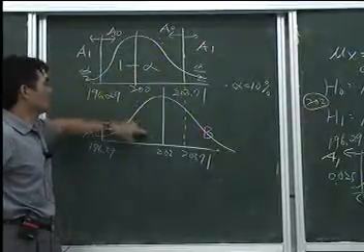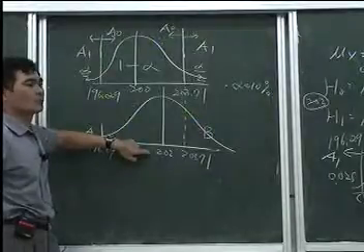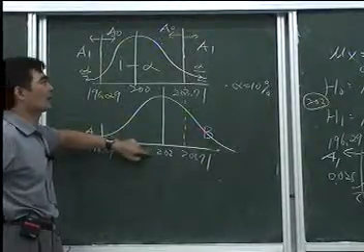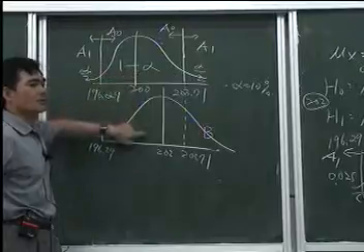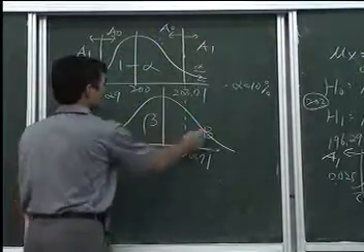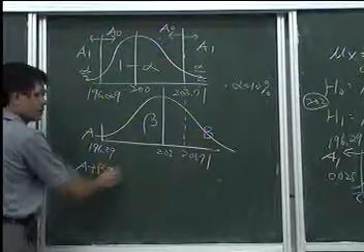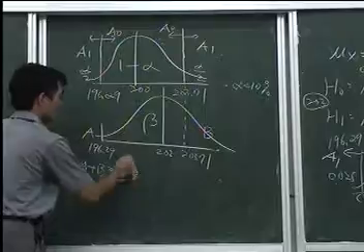But this one is where H0 is not true, but you take H0, right? So this is beta, okay? This is beta. And what is A plus B? A plus B should be 1 minus beta, okay?